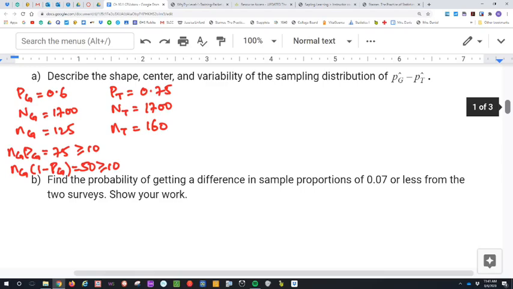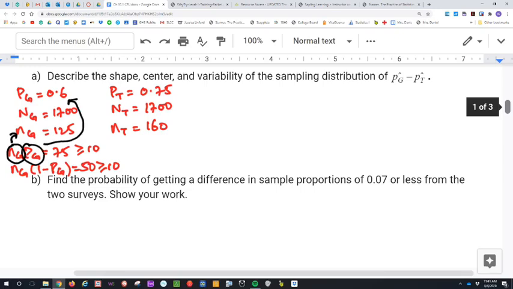Then n G times 1 minus the population proportion from Granger, which is 0.4, multiplied by 125, gives 50, which is greater than or equal to 10. I just wanted to highlight that this comes from here, and this comes from here.